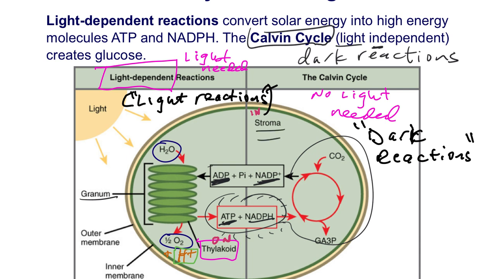To think ahead a little bit, in the light reactions, that's where oxygen is released into the atmosphere. I'll explain why in a few minutes, but water is split into oxygen and hydrogen. The hydrogen will be added to the NADP to form NADPH. But the oxygen is released into the air.